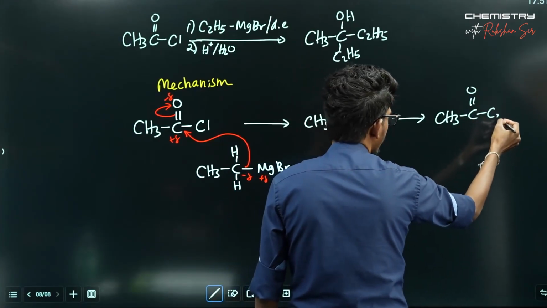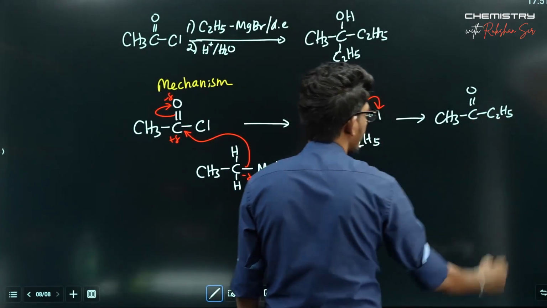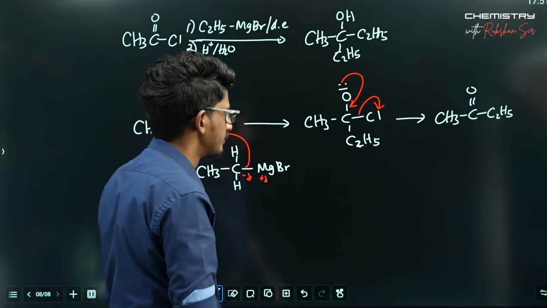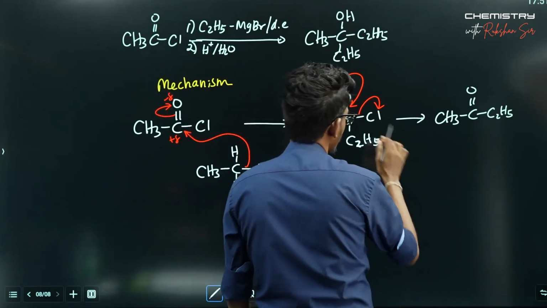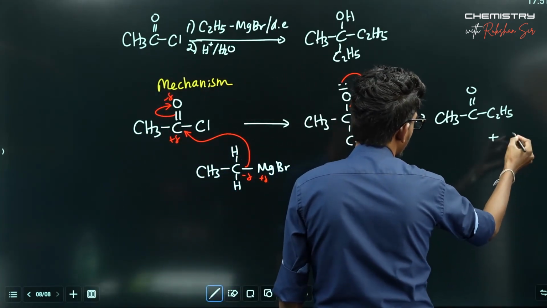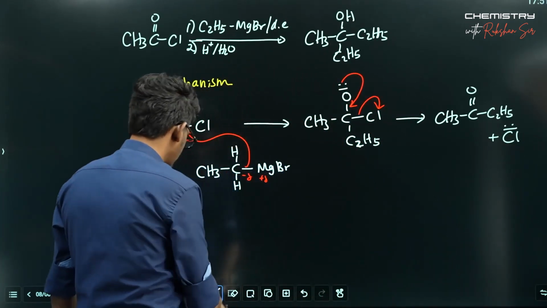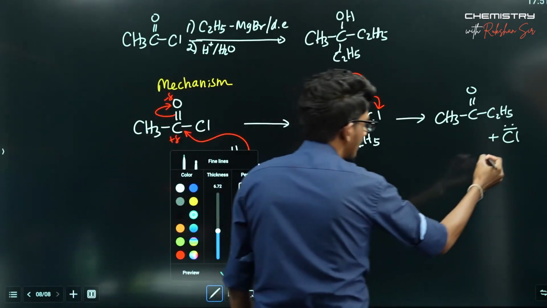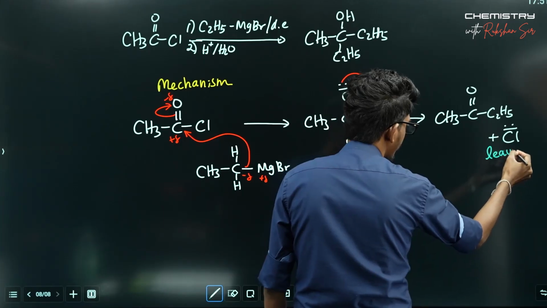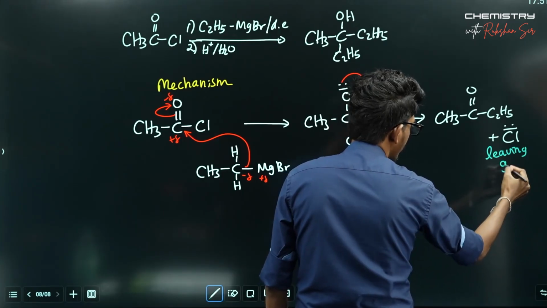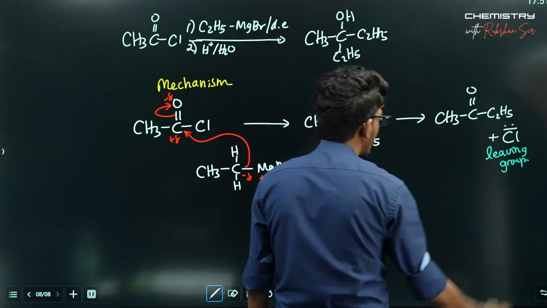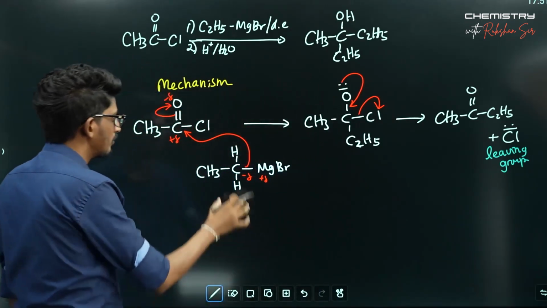C2H5. So this Cl will leave. So Cl can be considered as a leaving group here. So you clearly see a kind of nucleophilic attack.